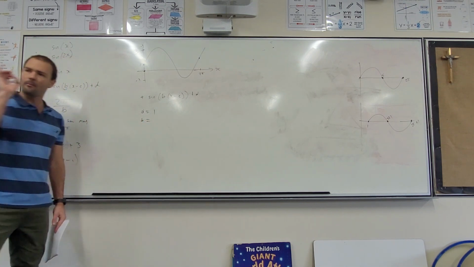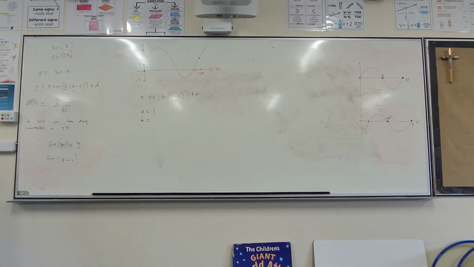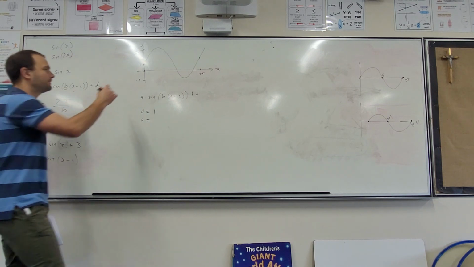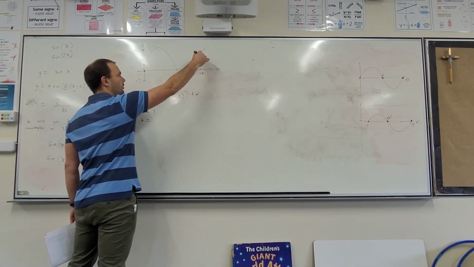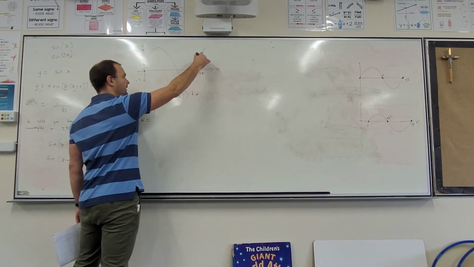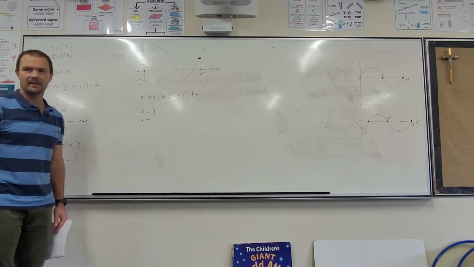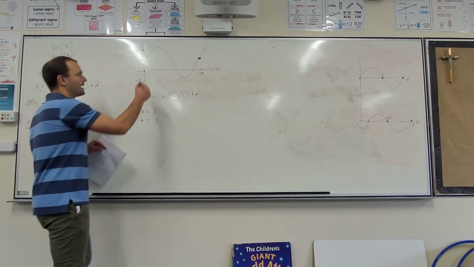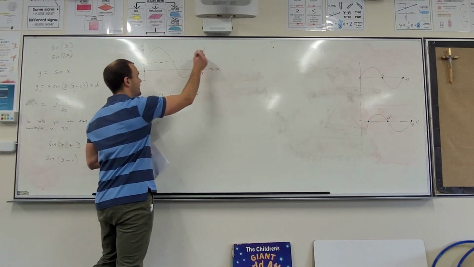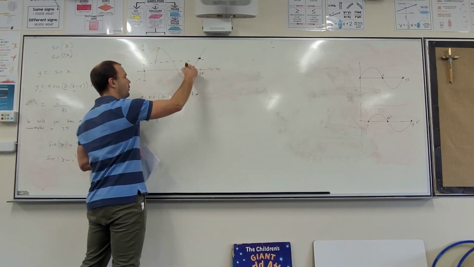B is how many wavelengths are there in 2 pi? How far is it for 1 whole wavelength? All right, there is 1 wavelength in 2 pi, which means the value of B is also 1. Okay, next is the amplitude. That is the distance from the principal axis to a peak or to a trough.